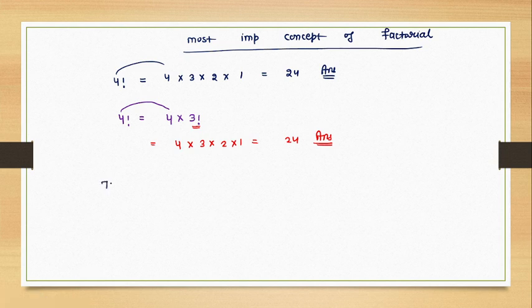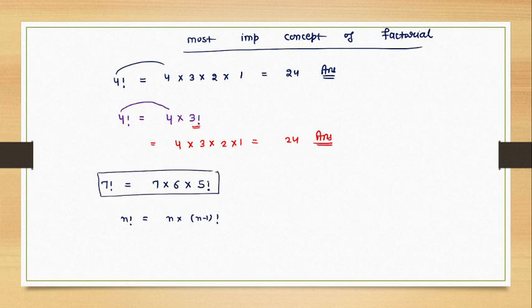If you find the value of 7 factorial, which is equal to 7 into 6, but you want to end the process right here, then you have to leave it by making a factorial. So if you want to write n factorial, you can write it as n into n minus 1 factorial. If you want to leave the process midway, then you have to write the factorial.